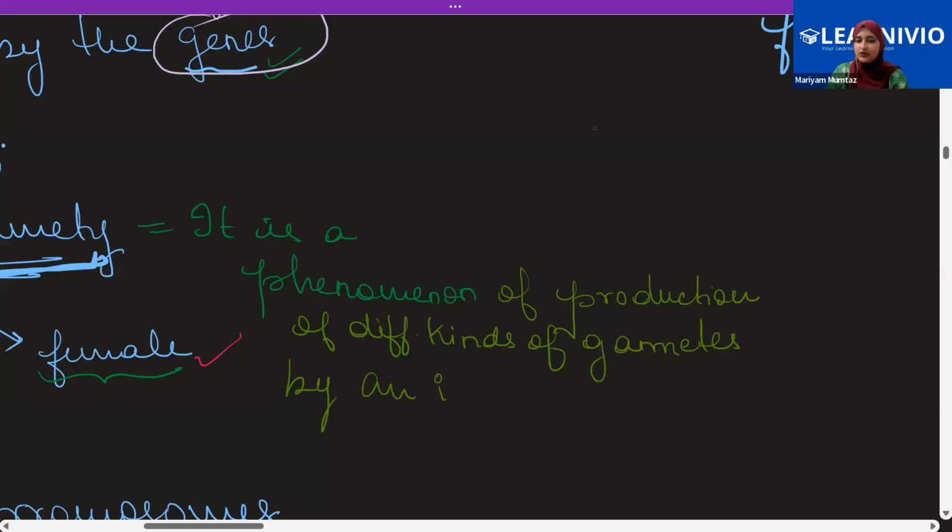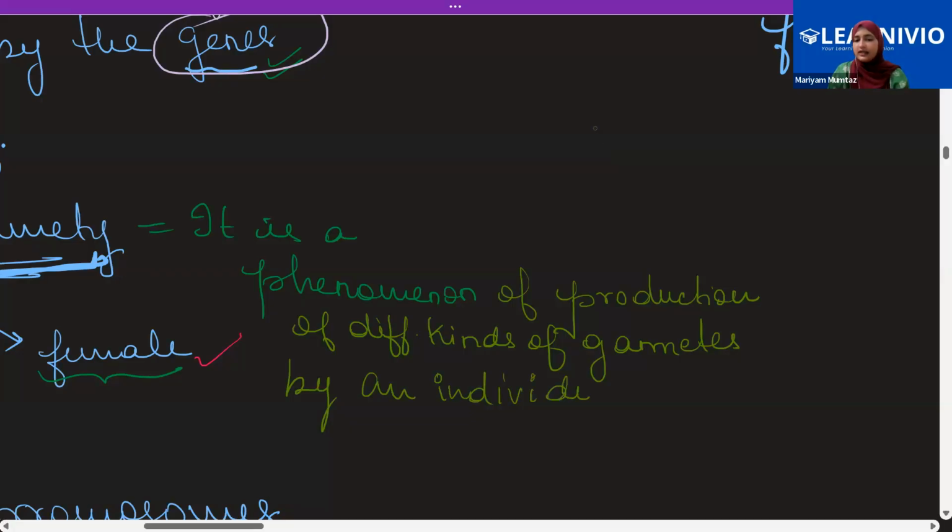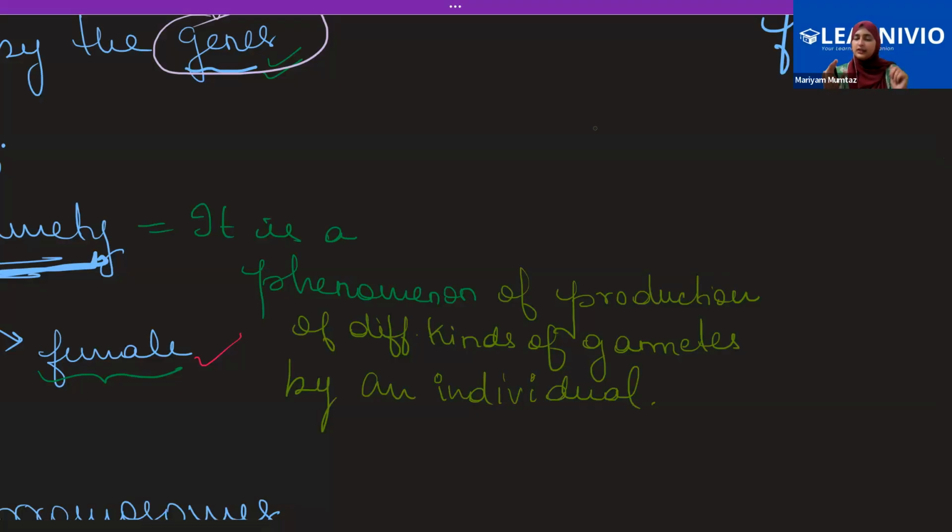So one individual can produce two different types of gametes. That case is what we call heterogamety. So this heterogamety can be found. Yes, Aisha?